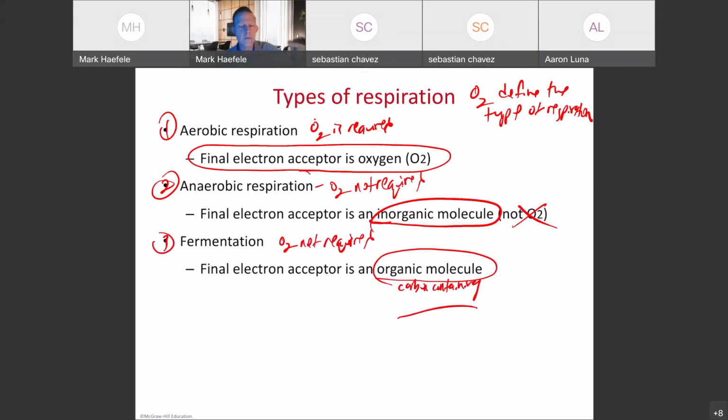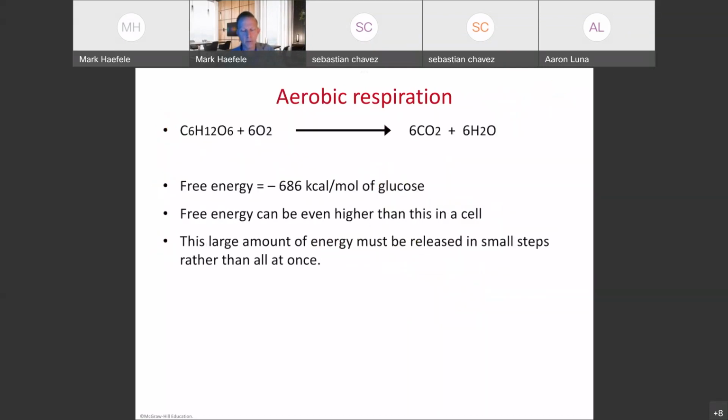Think of the electrons as a huge game of relay. You hand off the electrons and they hand it off, and they hand it off. And eventually somebody's going to get stuck with those electrons. So the question is, who is that final somebody and what are they? Depending on who that final acceptor of the electrons is defines the different types of respiration.